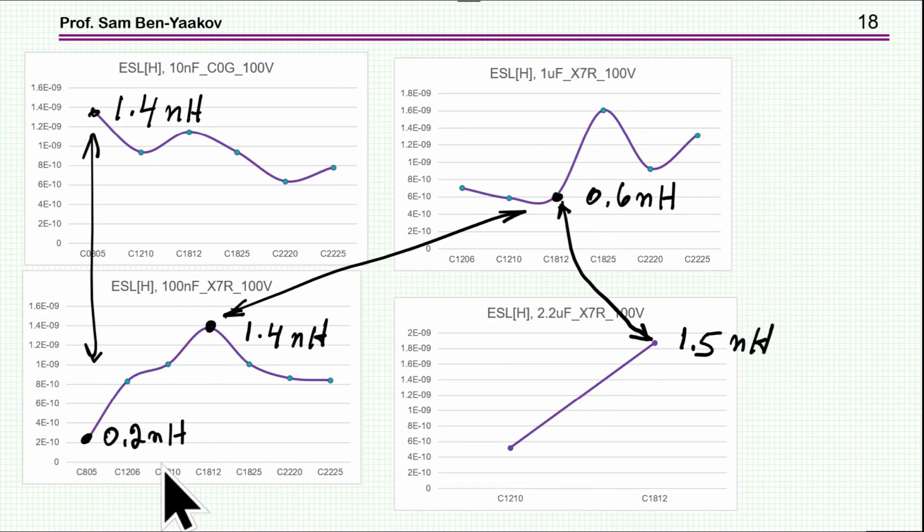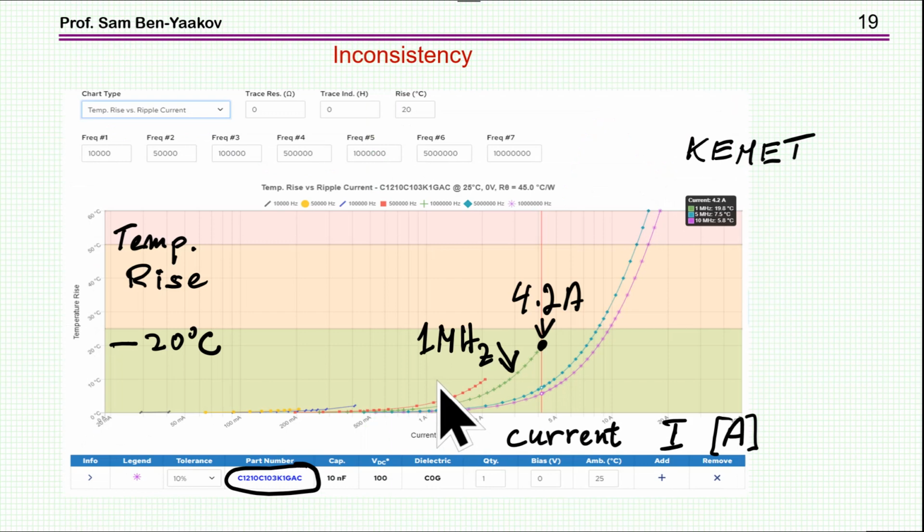And indeed, if we look at the inductance, there is a difference, but in this particular case, it's not a very big difference for the same package, okay? So this is 1.4, this is 0.6, 1.5, and this is all for the 1812, so it's about the same. So in this respect, it seems to be more consistent than the other cases.